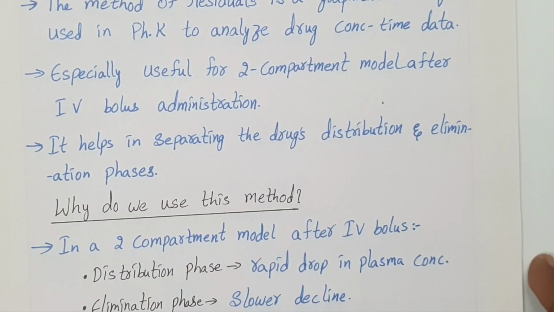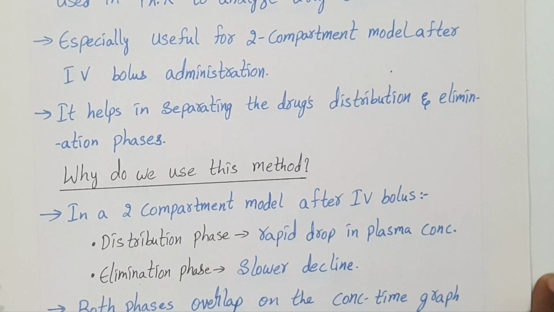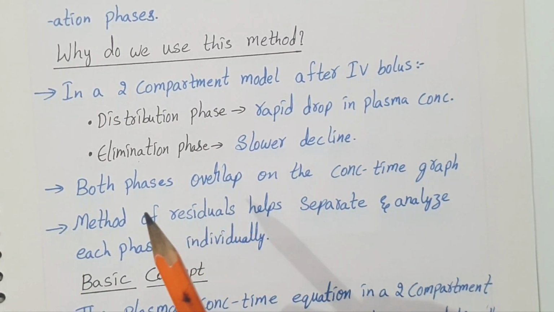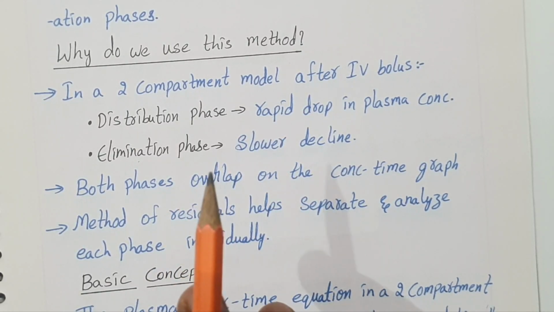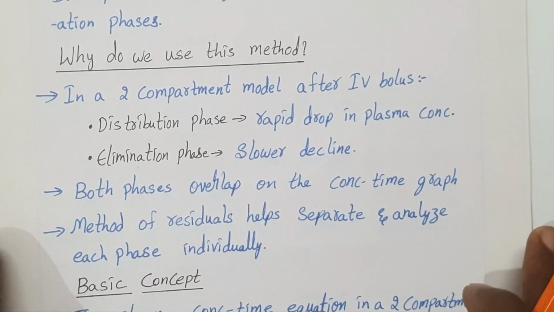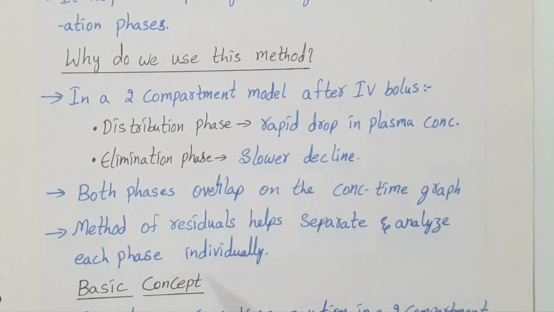Now the question arises, why do we use this method? When a drug is injected intravenously, see, IV bolus, we are injecting a drug. It does not get eliminated immediately.